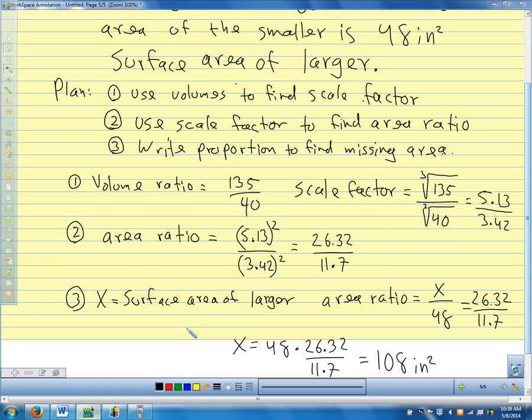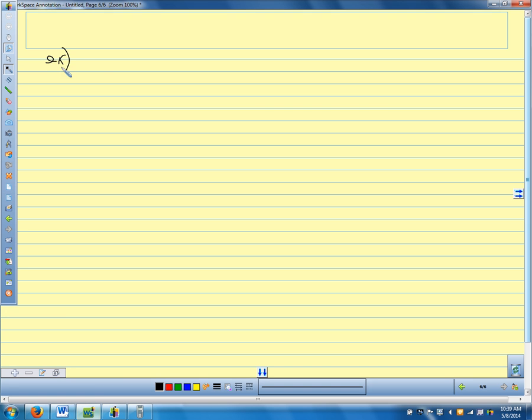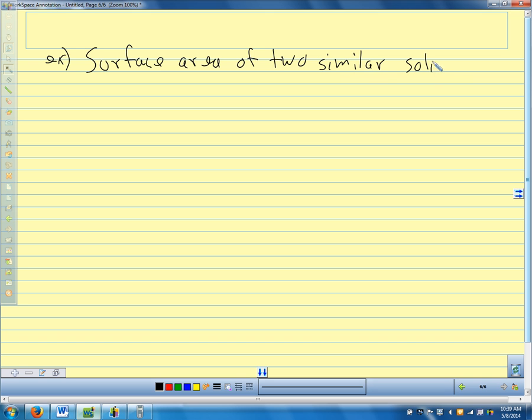All right, let's look at one more example similar to this one to look at this process one more time. The surface areas of two similar solids, I guess, are 52 square feet and 208 square feet.